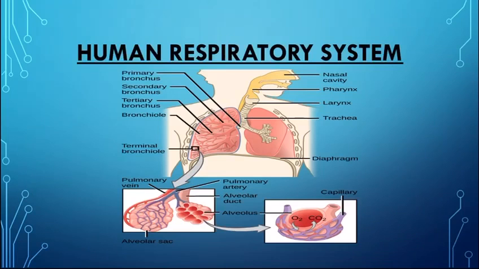In the lungs, the bronchus further divides into branches called bronchioles, which have alveoli at their tips. Okay, so alveoli are the last part of the respiratory tract, which are responsible for gas exchange. Then we have the diaphragm at the floor of the lungs.